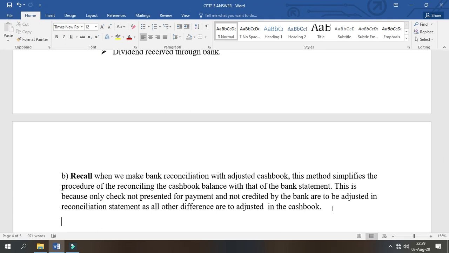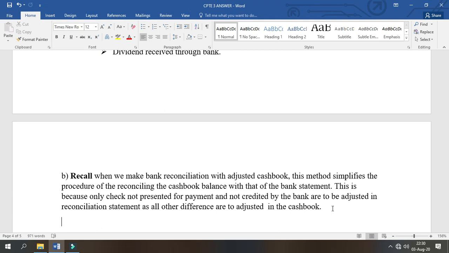In our question B, as asked, we are required to make a bank reconciliation statement, but first we will start by adjusting our cash book. So when the bank reconciliation is going to be made, we've adjusted the cash book.